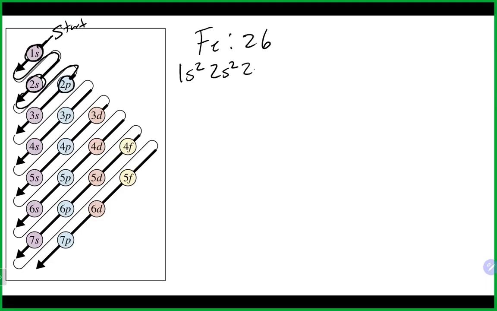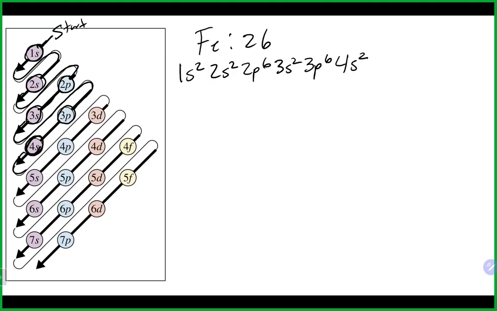We know we can put 6 in a p. Coming to our 3s2, we stop there to figure out how many we have, and we're only at 12, so we have a little bit of a way to go. We continue to our 3p, which we can put 6 in, so we're at 18. Then we go to our 4s next, and now we're at 20.